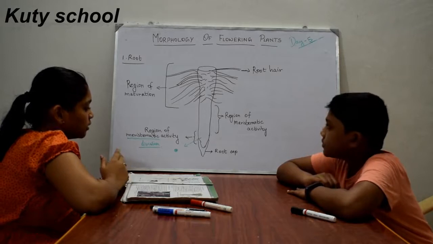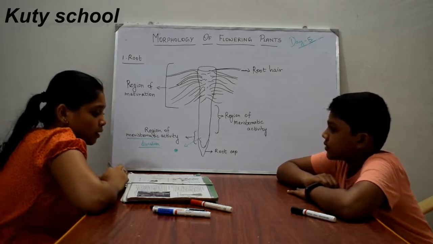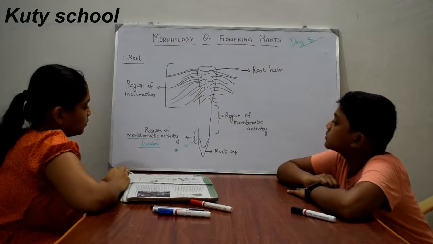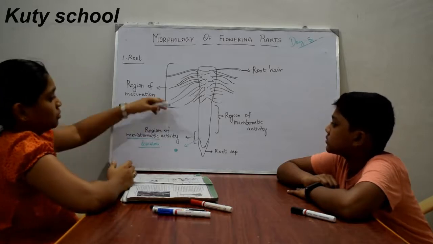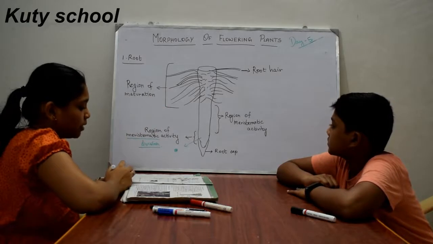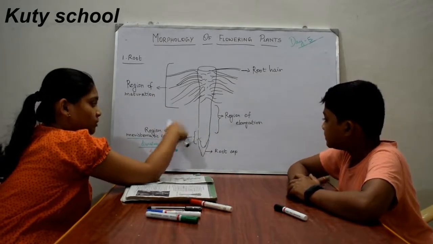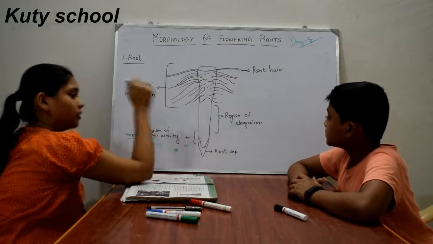These cells divide constantly, and the cells proximal to this region, that is, above the region of meristematic activity, form the region of elongation.